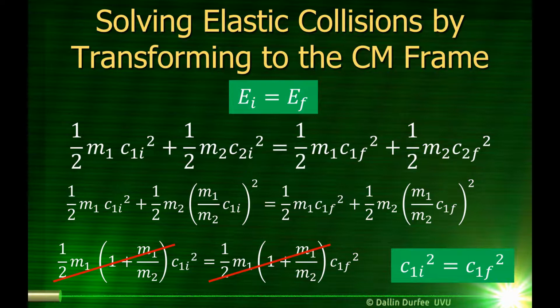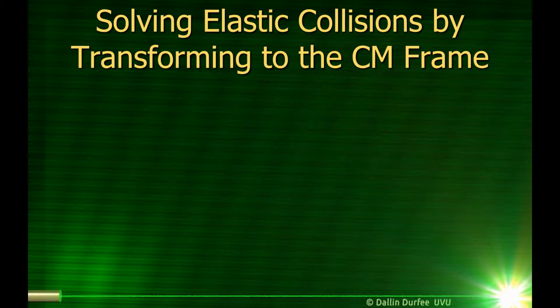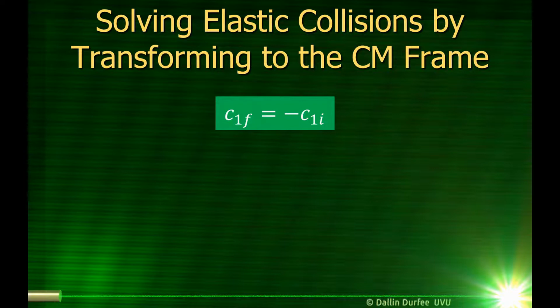Okay? So that means that the final velocity of particle 1 in the center of mass frame is either equal to its initial velocity or equal to negative its initial velocity. So the next step is to use reasoning to determine the sign. Well, if C1 final equals C1 initial, that's the case where the particles missed.